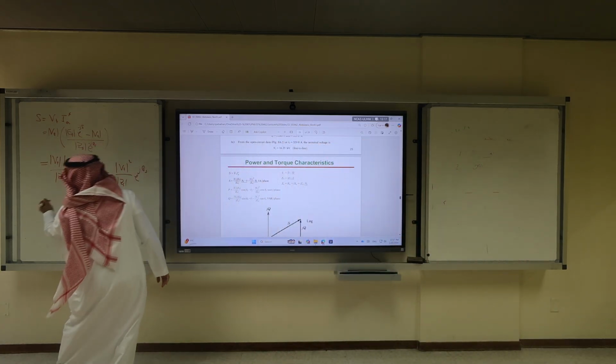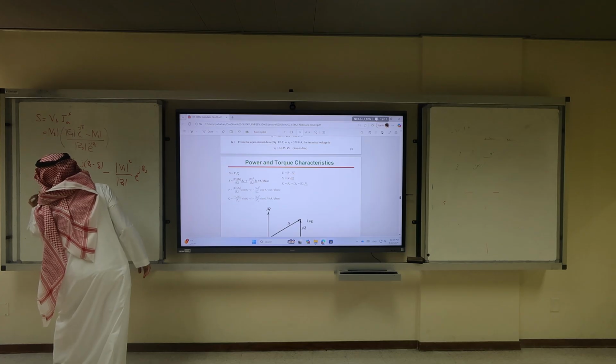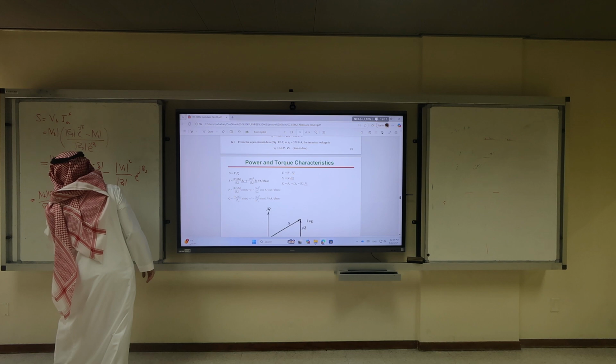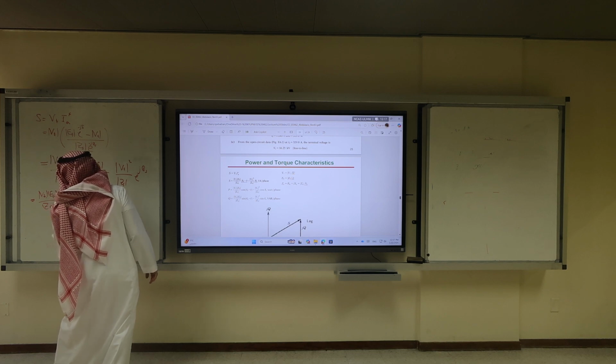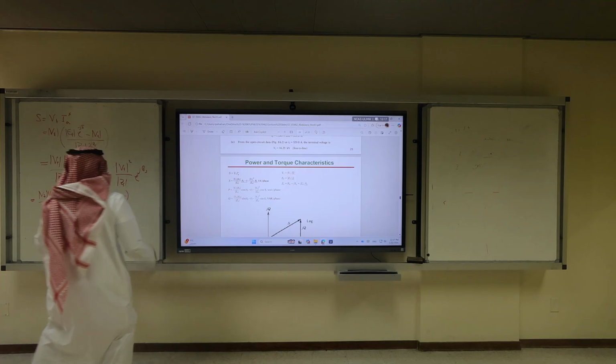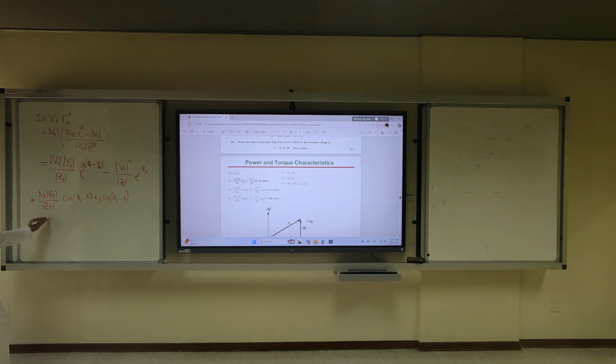This e to the power j should be V of t E of f over Z of s cosine of theta of s minus delta plus j sine of theta of s minus delta, minus Vt square over Z of s cosine of theta of s plus j sine of theta of s. What is the real part?